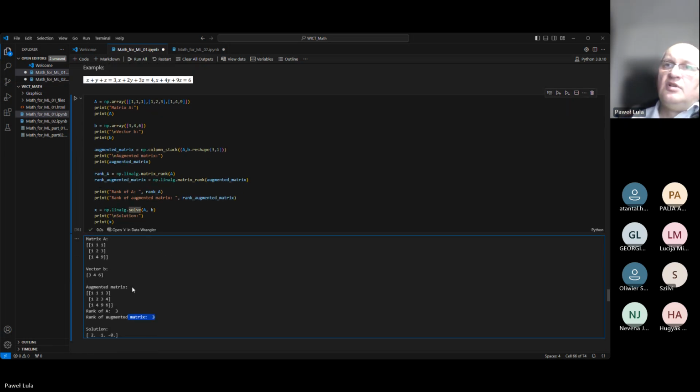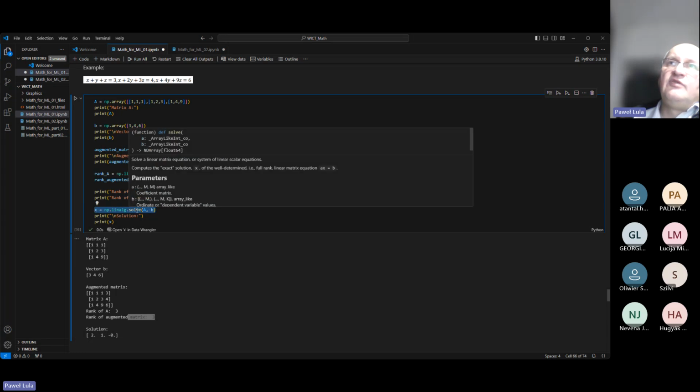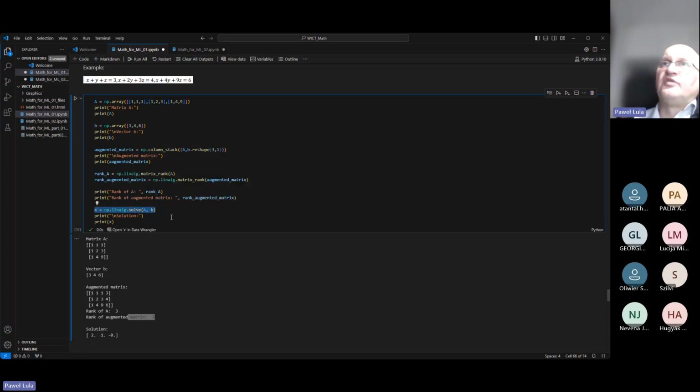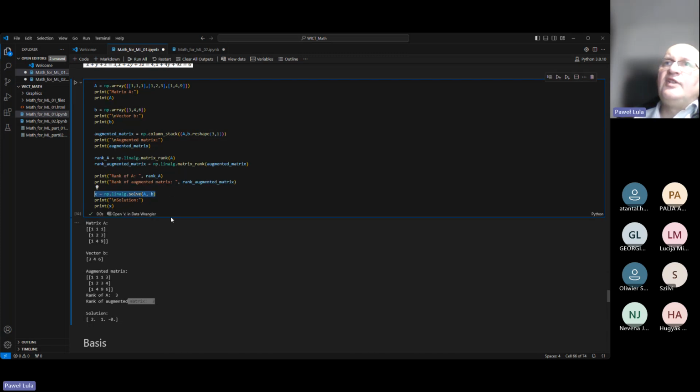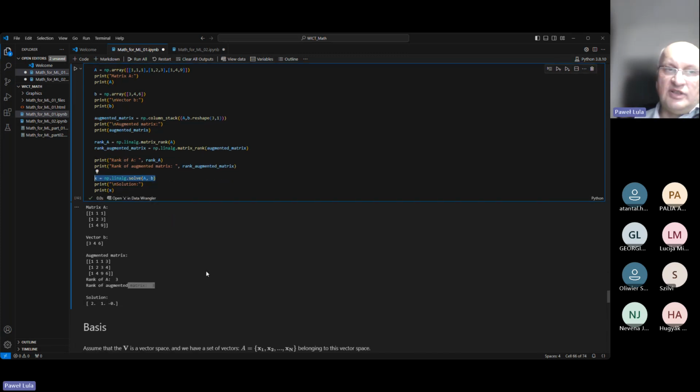So it is 3 here, it is 3 here, and also we have 3 unknowns. It means that this system has one solution, and it is possible to solve it using this function, this method solve. So everything was calculated here.